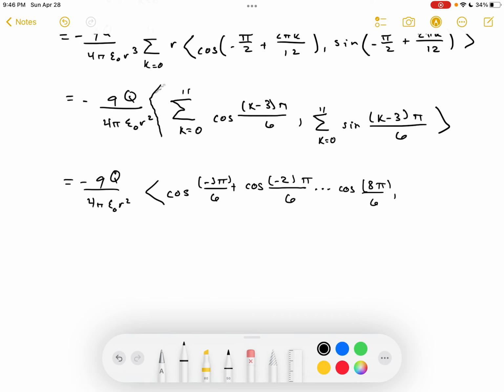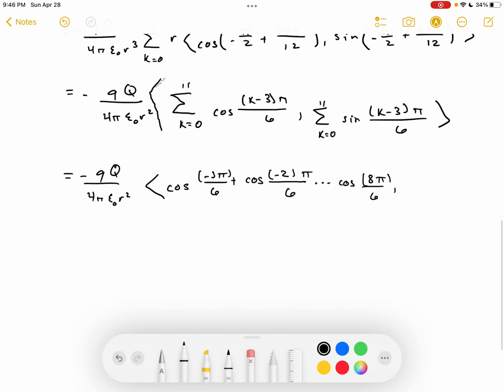Then the other part of our vector would be the same thing with sine of negative 3 pi over 6, and that will also go all the way until 8.